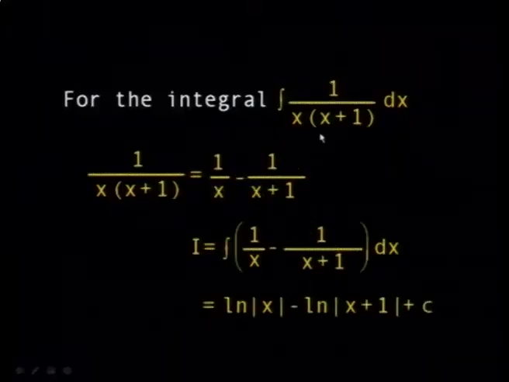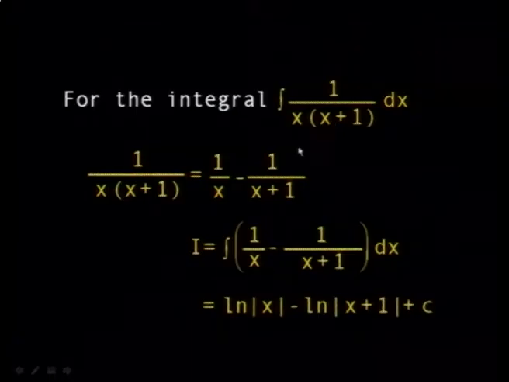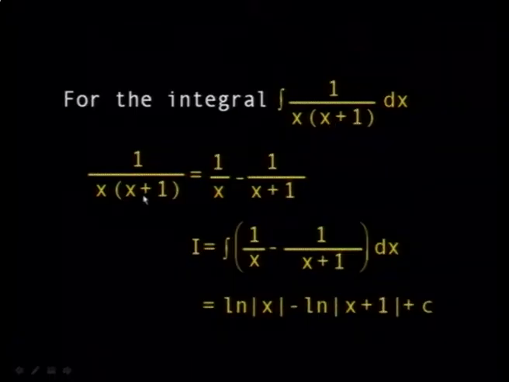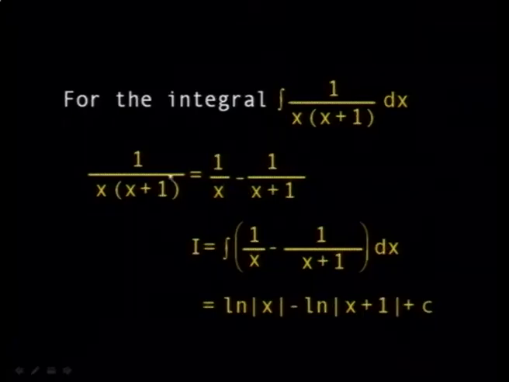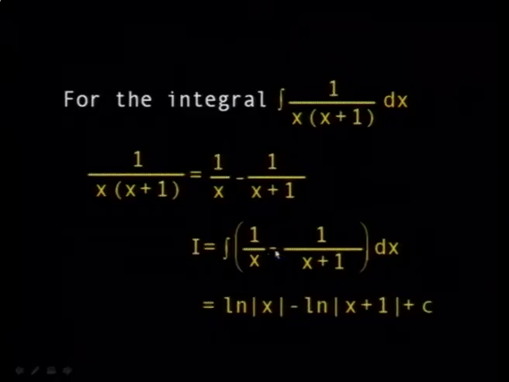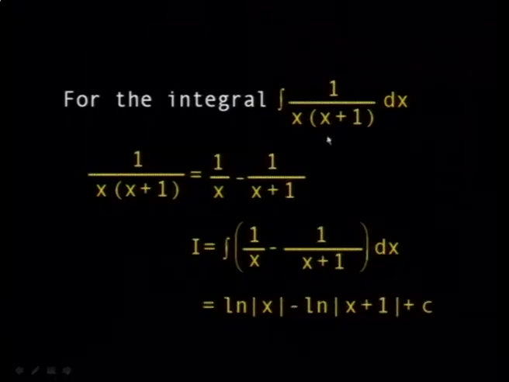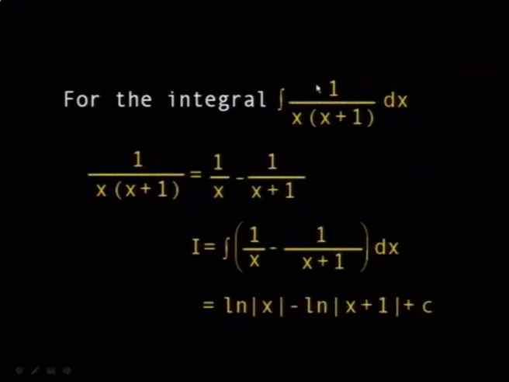For example, this is the example that we took. Here, 1 over x times (x plus 1), you decompose it into a sum of two rational functions. So your integral, the one that you seek to calculate, is equal directly to the sum of these two integrals. The first one is ln x, the other one is ln (x plus 1).